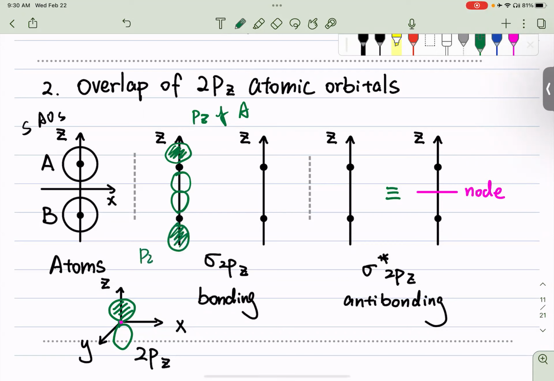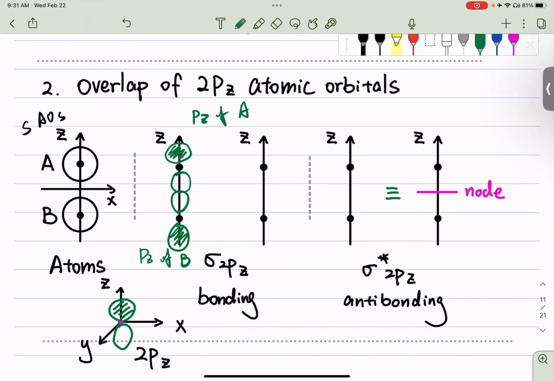This is also pz of A of B. Right, so on the left-hand side, we're talking about a bonding molecular orbital or a sigma 2pz. So pz atomic orbitals are just arbitrarily defined to always create the sigma bonds.